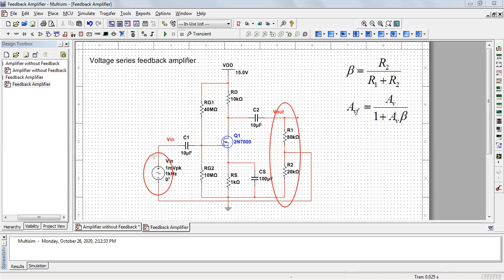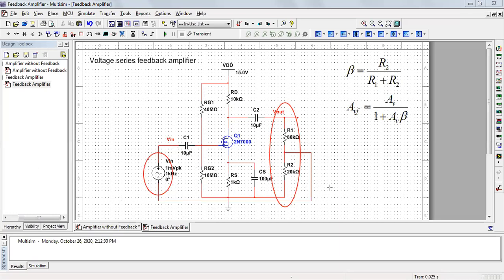Basically, we say adding, we don't say subtracting, clear? So that's why it's a voltage series feedback topology: I am sensing voltage at the output and applying it in series with the input. In theory, we will study all these four types in detail.